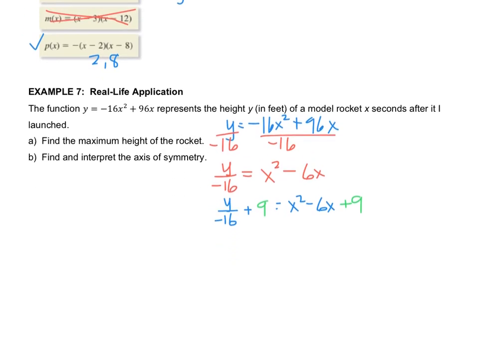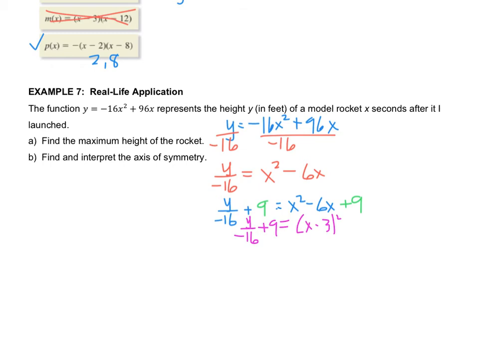Okay, let's keep going. This is now a perfect square trinomial. It's x minus 3 squared. Let me now bring down everything else. I have y over -16 plus 9 equals, okay. So then you're like, what do I do now?